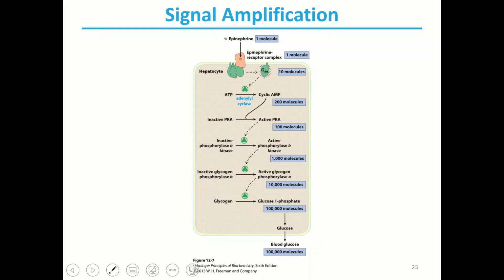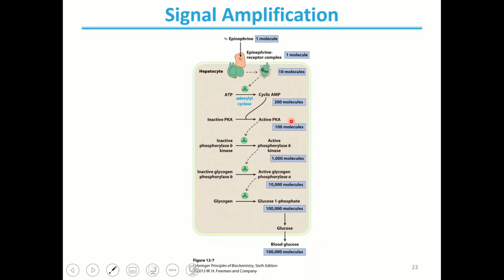100 molecules of active PKA can then go on to produce 1,000 molecules of another enzyme. And these enzymes here, you really don't need to know their names, because this is really the only place we see them. So you have a tenfold increase with this step, and then this is another kinase, so it's going to phosphorylate another enzyme, and you get another tenfold increase.